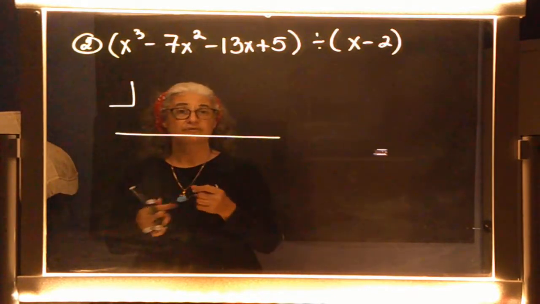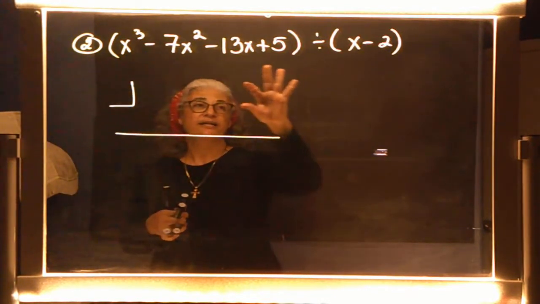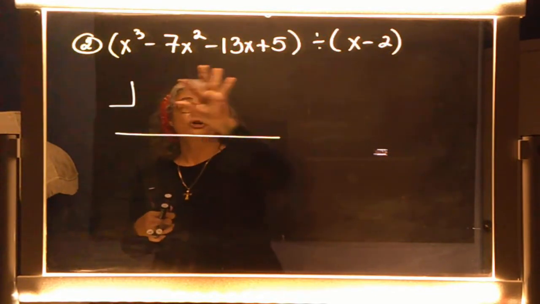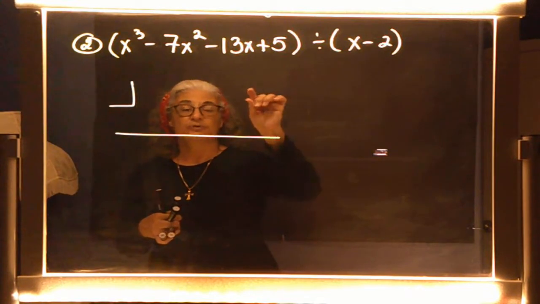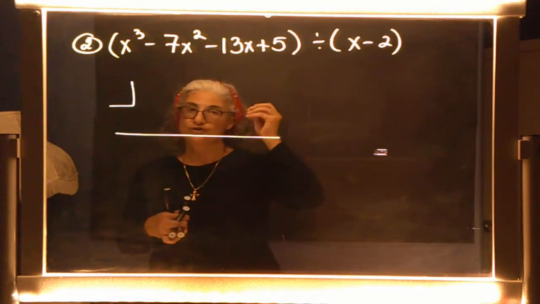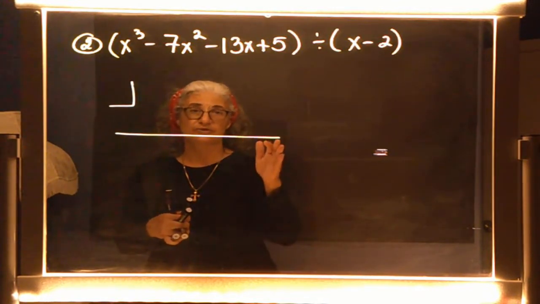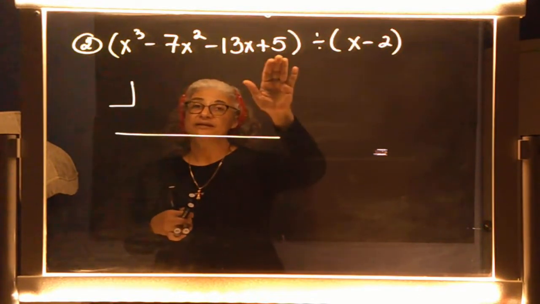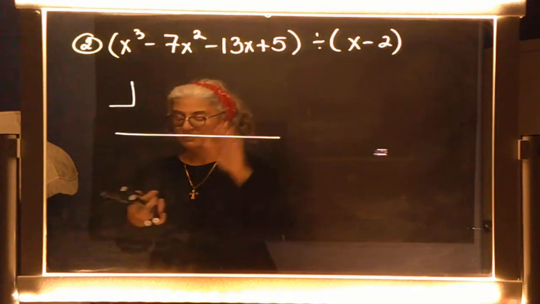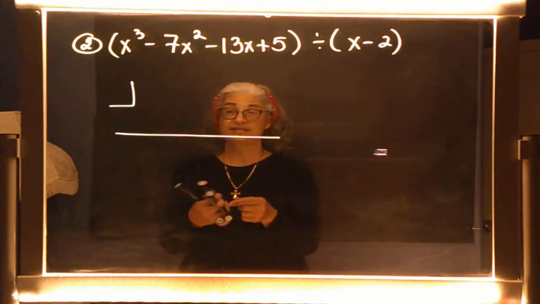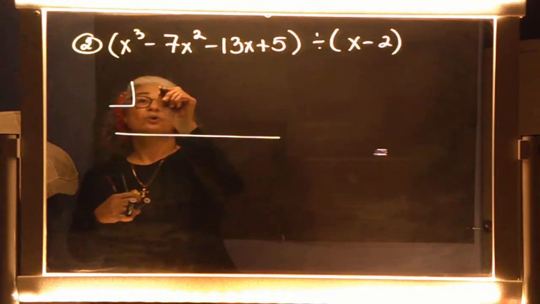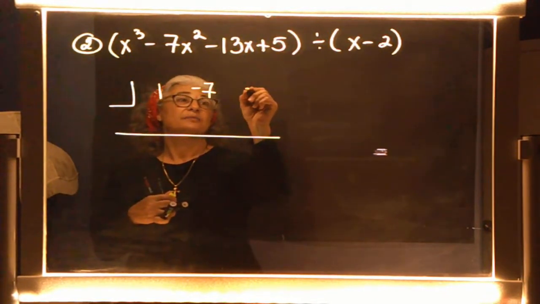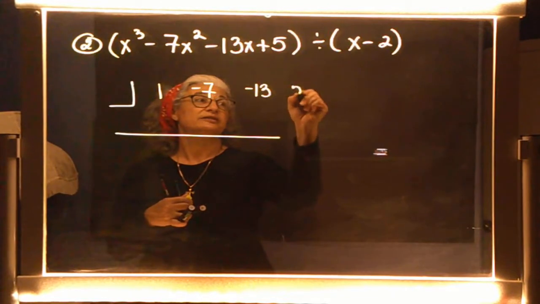And remember, this area right here is where what you're dividing into goes. But remember, it's like a shorthand. There's no variables. It's just the numbers. So we already decided this was in descending order with no missing x's. So let's write it down then. I'm going to have a 1 for the x to the third, a minus 7, a minus 13, and a positive 5.